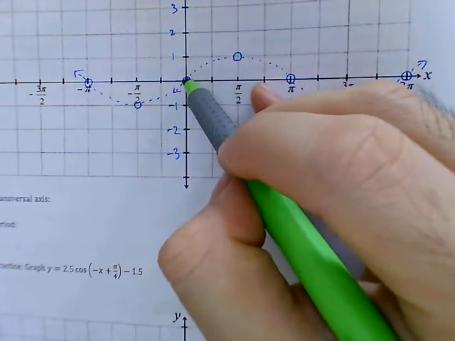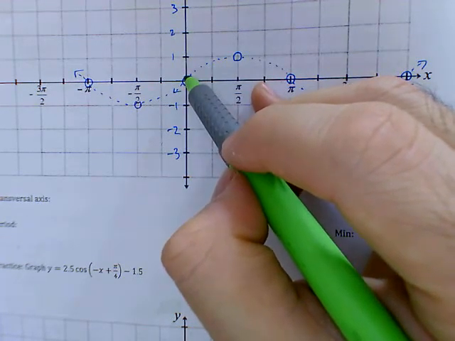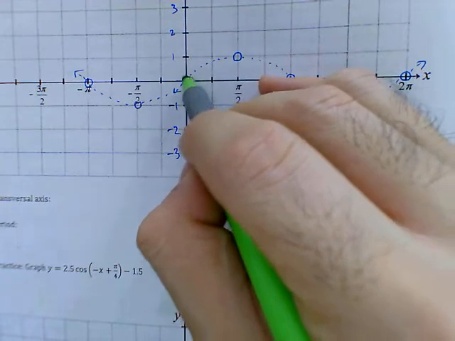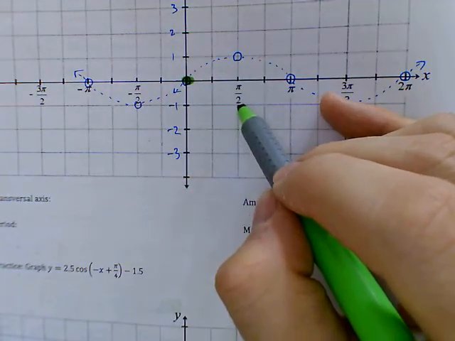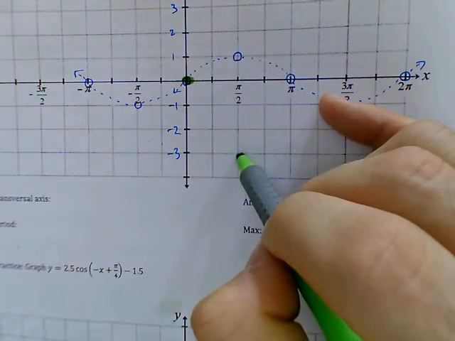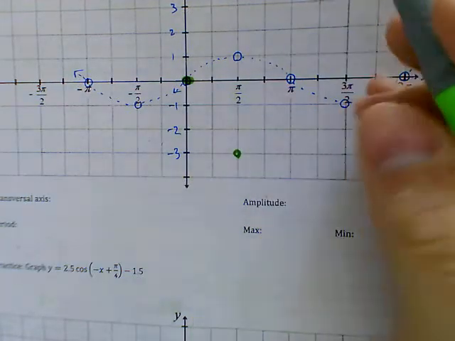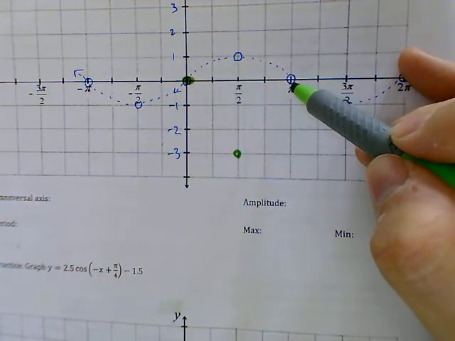0. Reflect it. 0. Times 3. Yeah, that doesn't change. 1. Reflect it. -1. -1 times 3. -3. 0. Reflect it. 0.